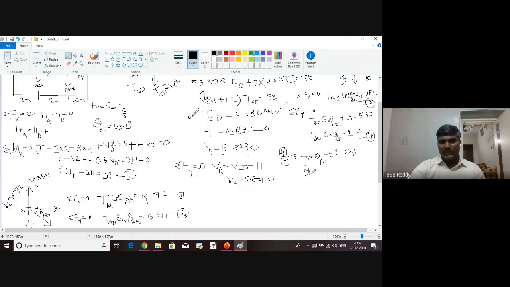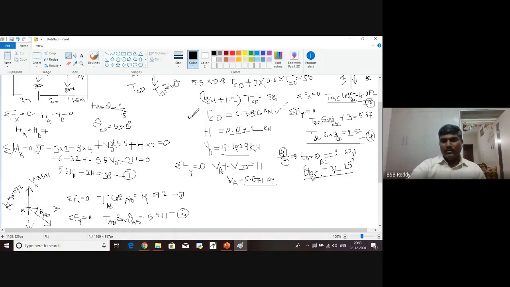So theta BC is equal to tan inverse of 0.631, which is 32.25 degrees. 32.25 degrees is the angle theta BC.